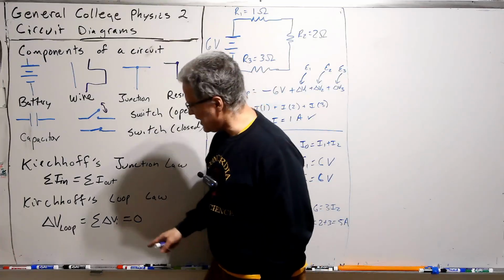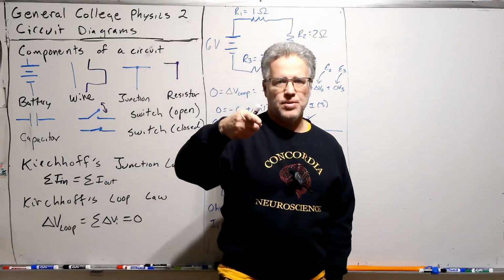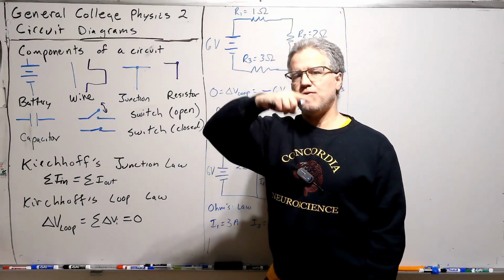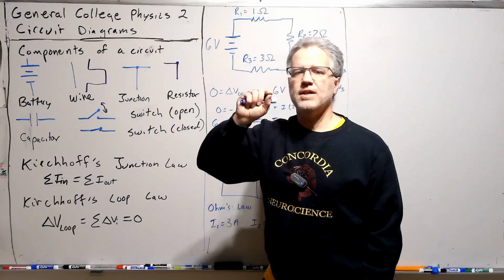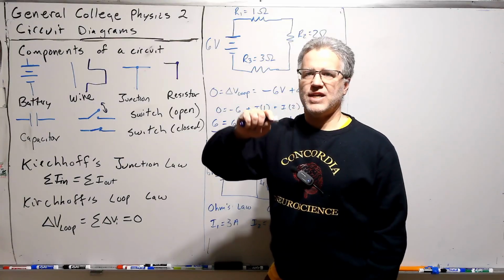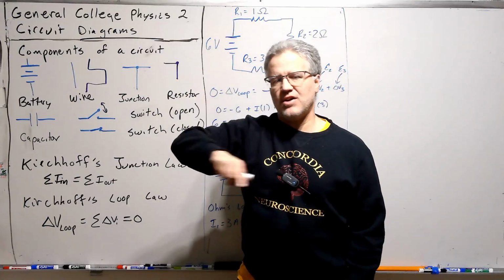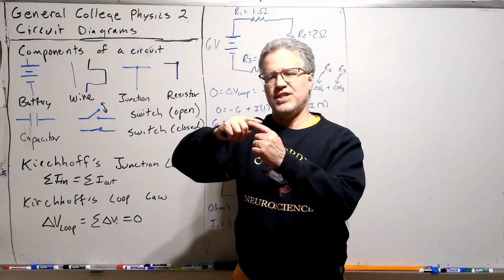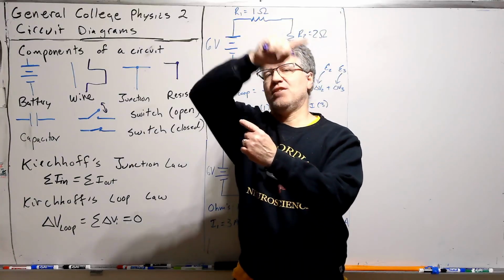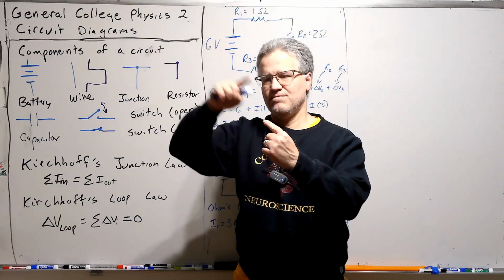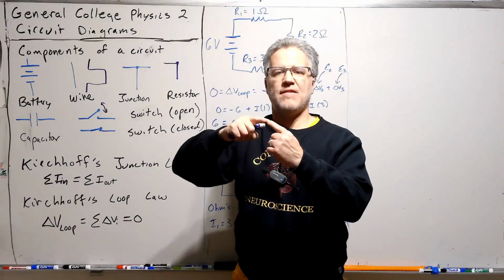What that says is that if we go all the way around in a loop and add up all the voltages, the total has to be equal to 0. Imagine an electron going around and around in a circle. It can't accumulate voltage or go to a different state if it gets all the way back to where it came from. So the voltage of where it came from, if it comes back again, has to be the same.